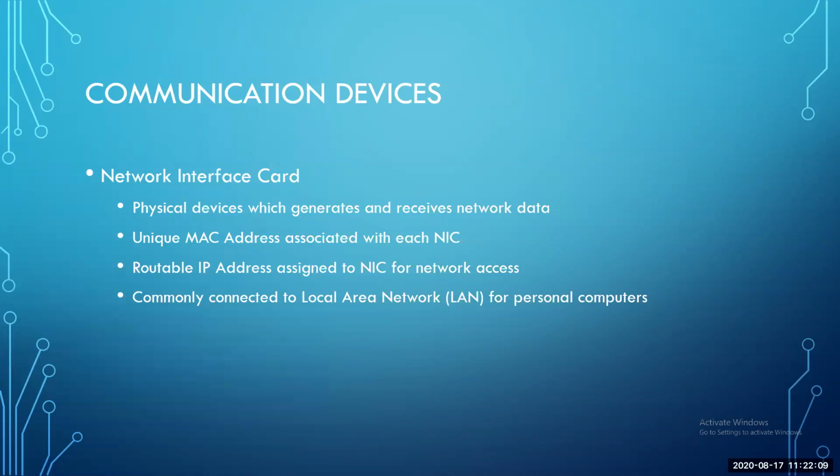And so those network interface cards are responsible for generating and receiving those electrical pulses or those radio waves for Ethernet and for Wi-Fi, respectively. Each network interface card has a unique MAC address. That MAC address is assigned by the manufacturer. And the manufacturer has a portion of the MAC address specific for them, and the second portion is unique for that individual network interface card.